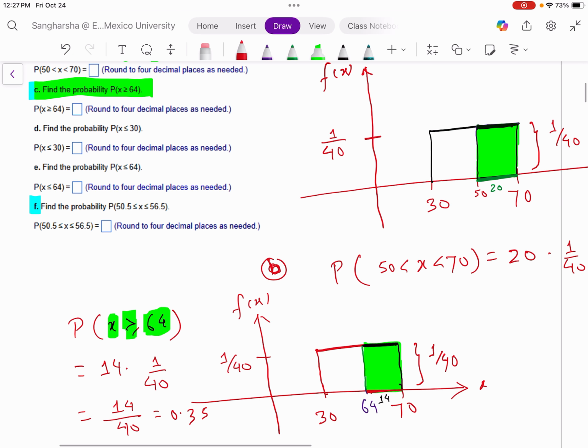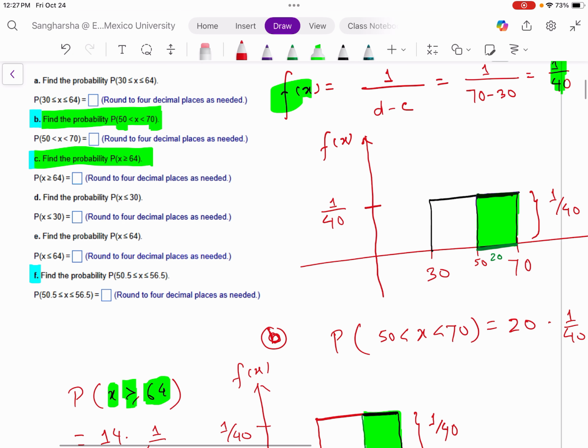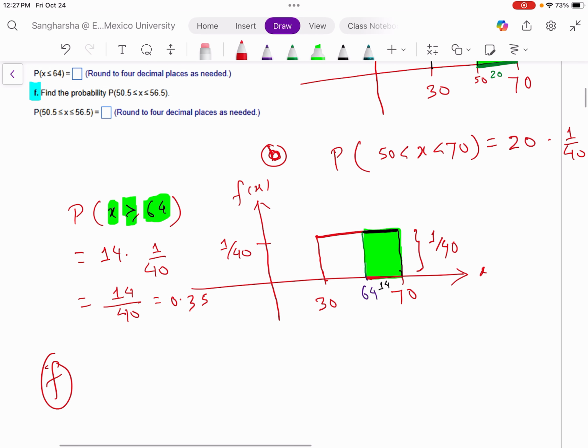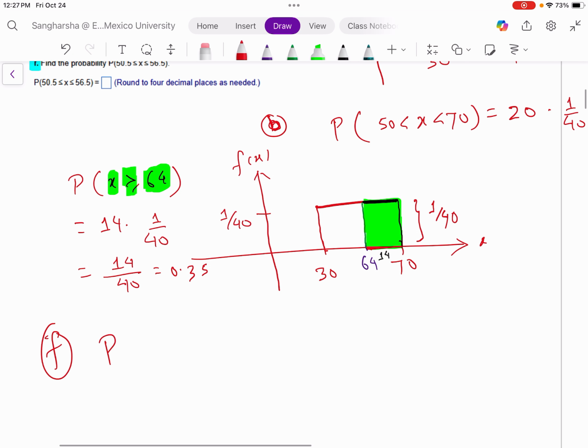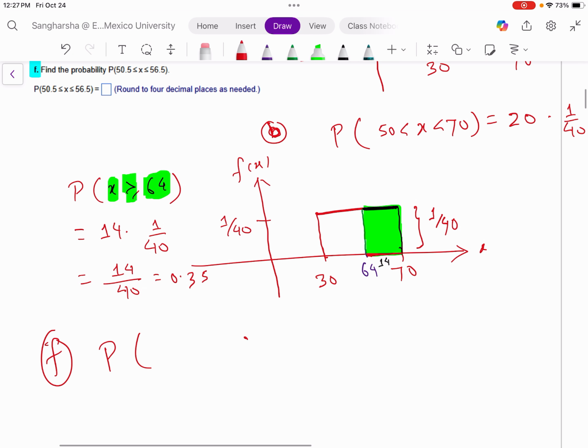Next, let me go ahead and do part F. In part F, we are asked to find, very similarly, the probability that x is greater than or equal to 50.5 and less than or equal to 56.5.